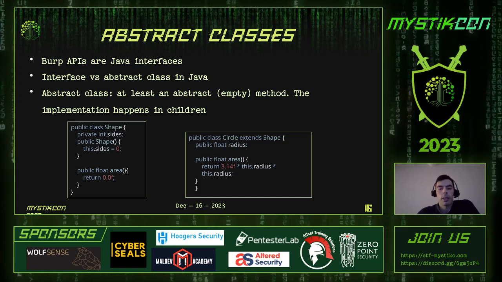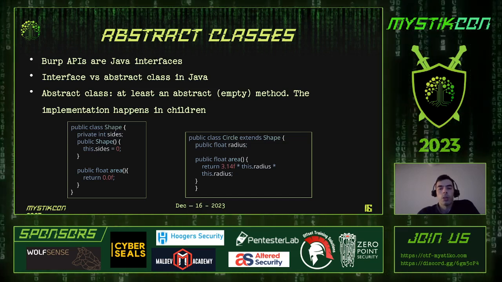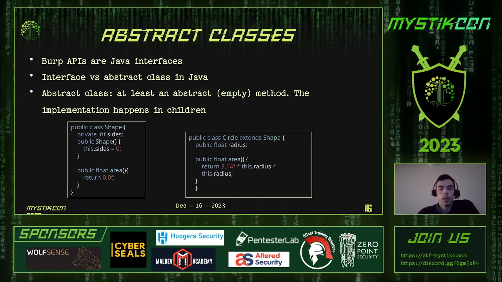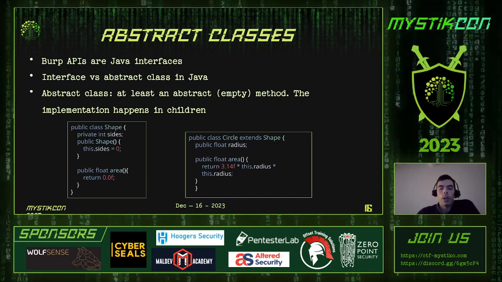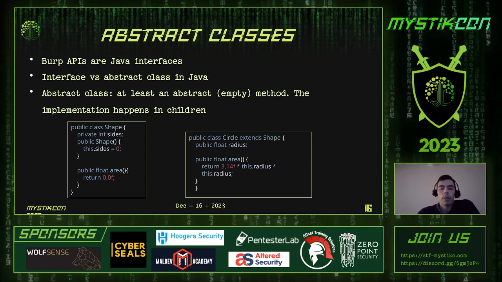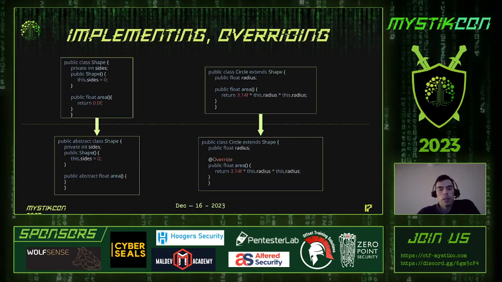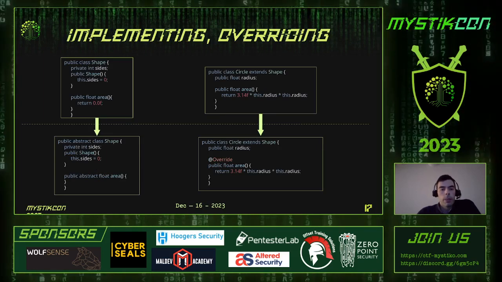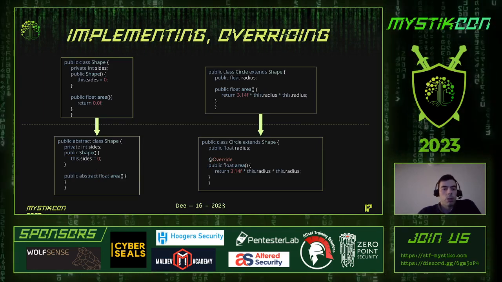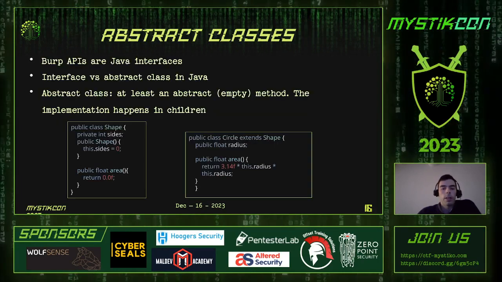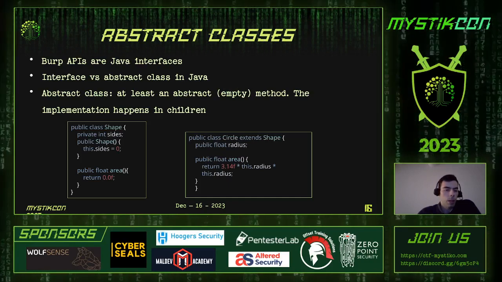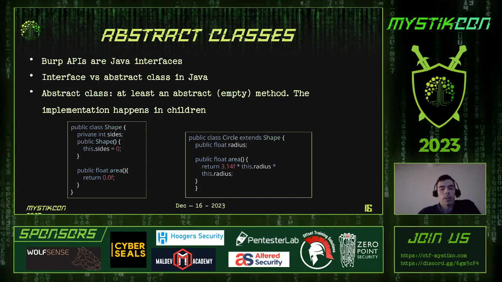Extends is the keyword in Java to use inheritance. And we are implementing the logic behind this area method. Alright, this is what I wanted to show. So this is not an abstract class because again we are putting some logic inside.